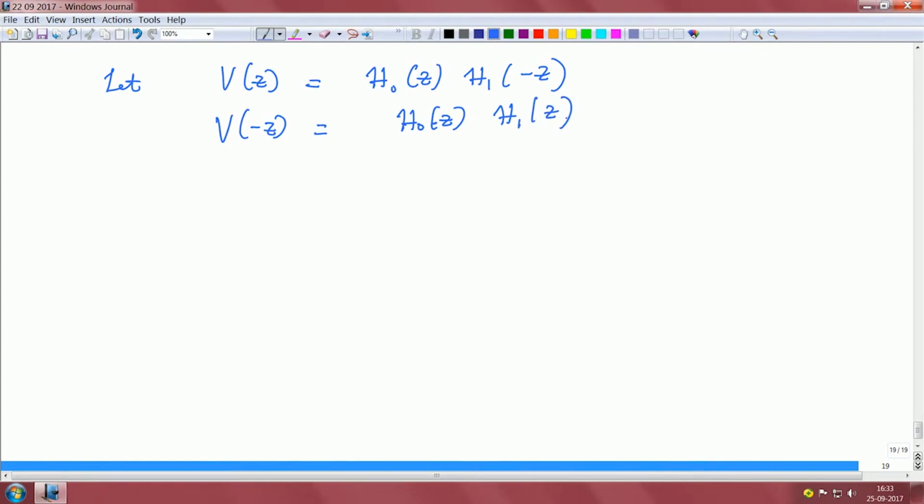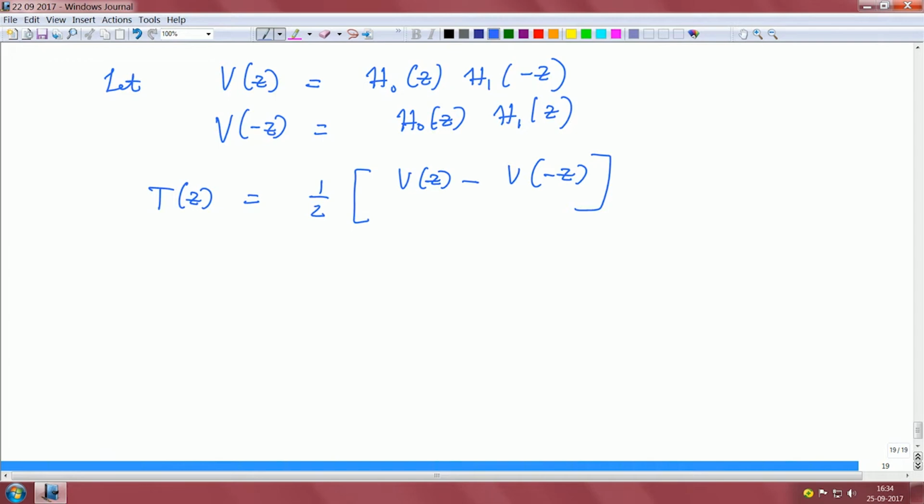This is just minus z here. Okay. So, now T of z is 1/2 of [V of z minus V of minus z]. So, this is what we have.